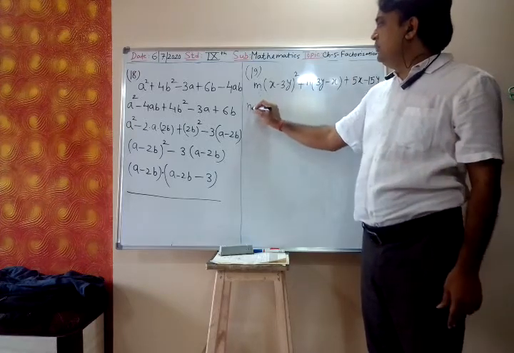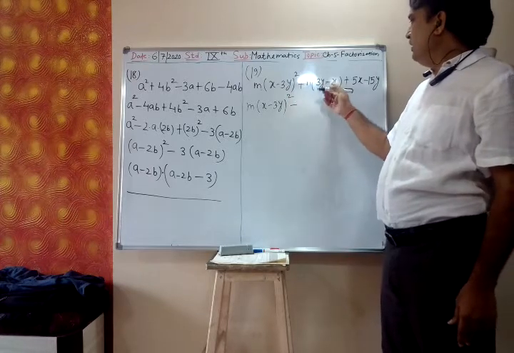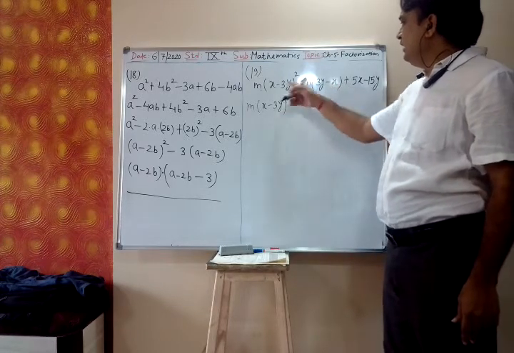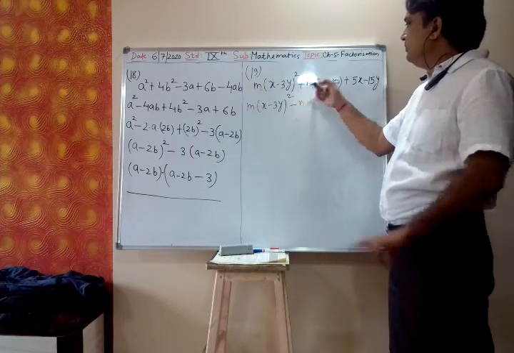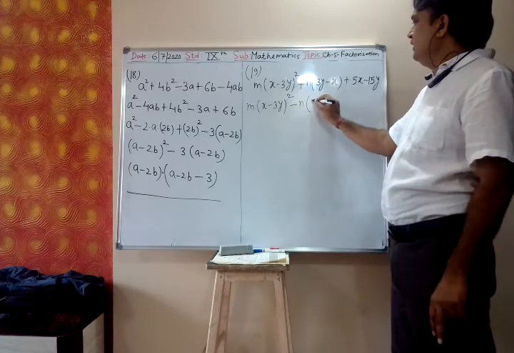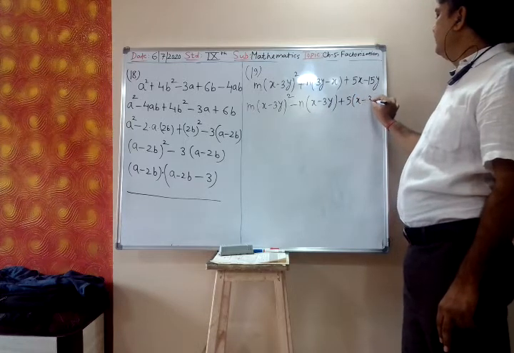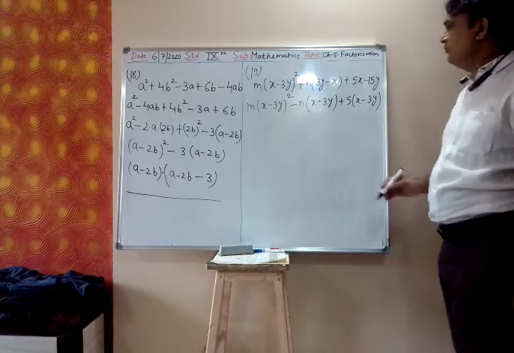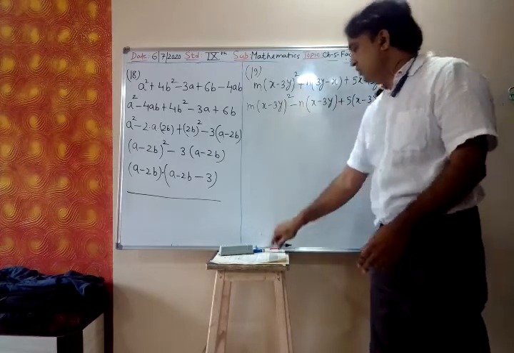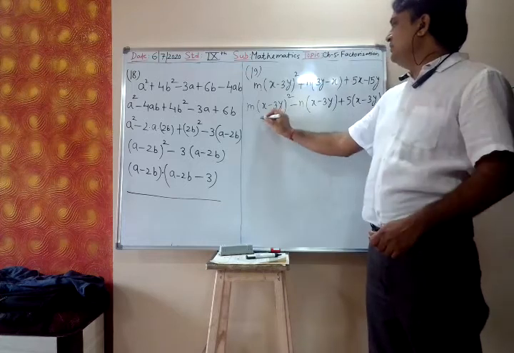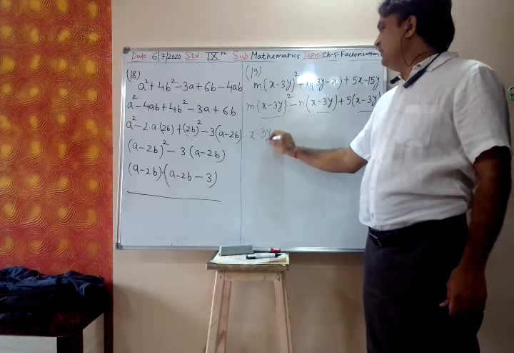So let us write m into x minus 3y square plus, now 3y minus x, I have to write x minus 3y. So minus n; this plus I will replace by minus when I rewrite this. So x minus 3y plus 5 into x minus 3y. Now x minus 3y square, x minus 3y, x minus 3y: x minus 3y is common. So I can write x minus 3y common.